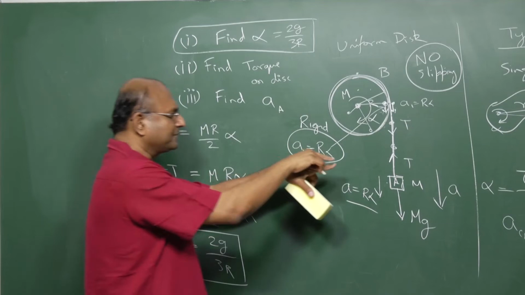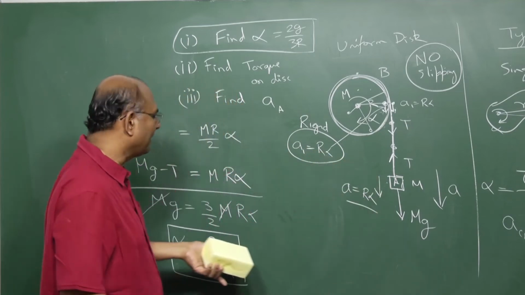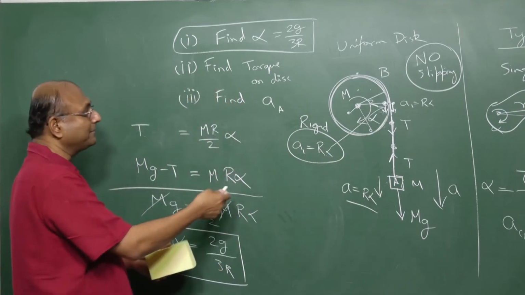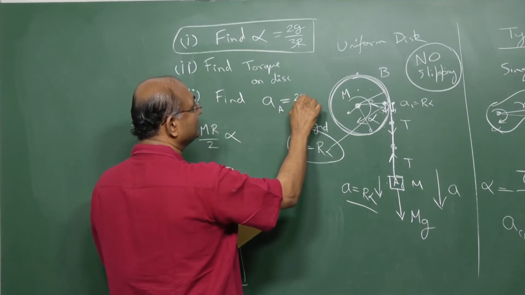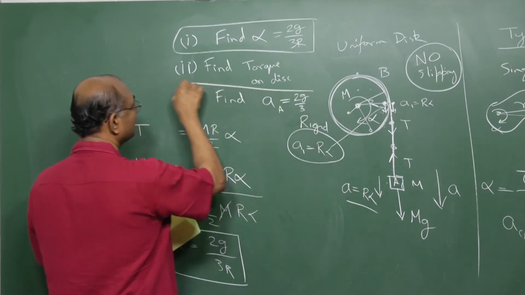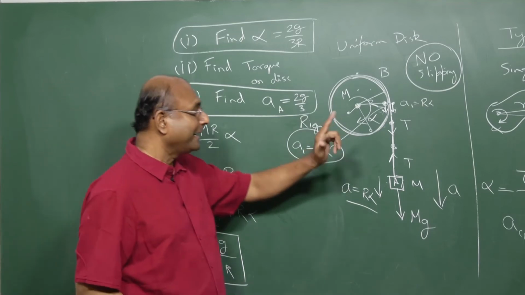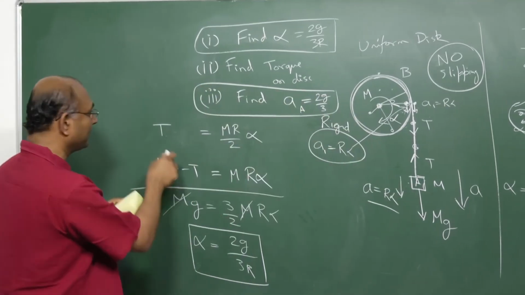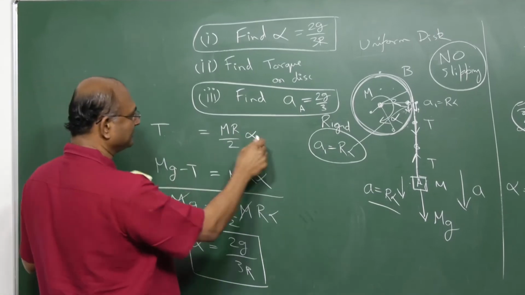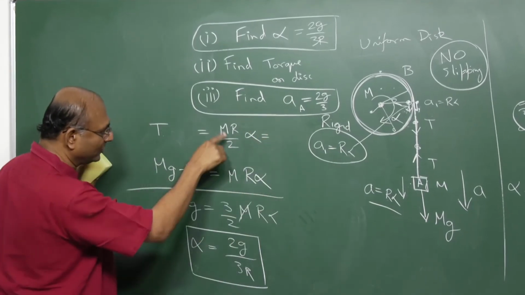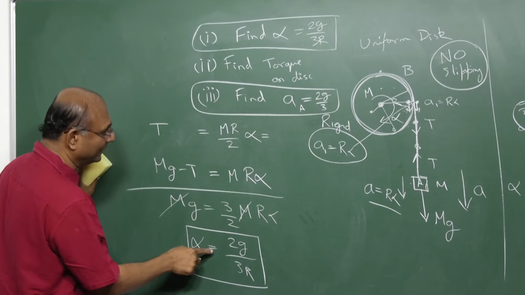What is the acceleration of this point? R alpha. So if I do R alpha, 2g by 3. So the acceleration of this guy is 2g by 3. Which means my tension, I can calculate from here or from there, or I can just substitute here. Mr by 2 into alpha. How much is Mr by 2 into alpha?